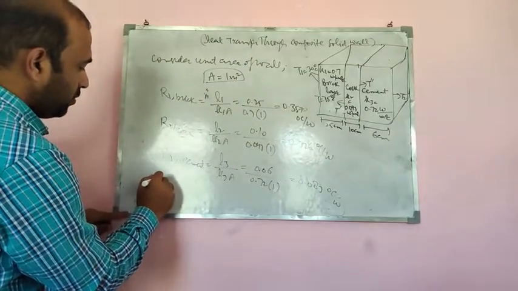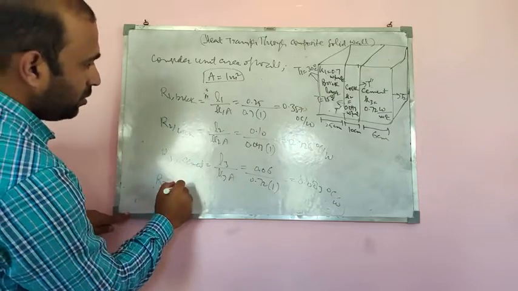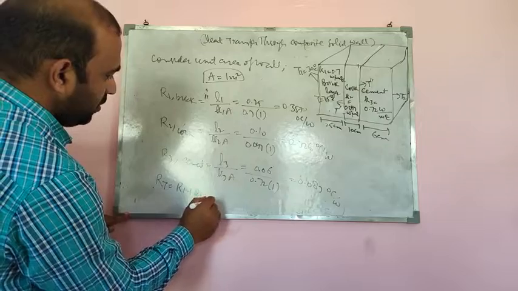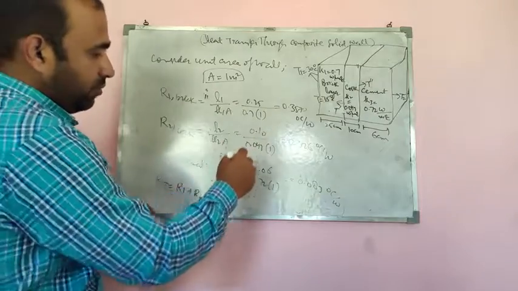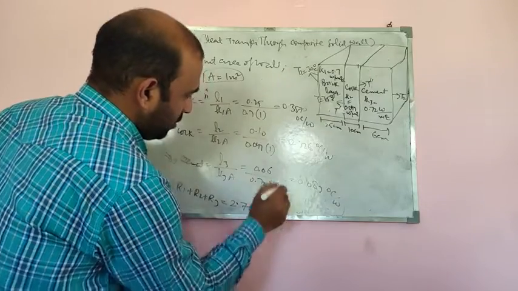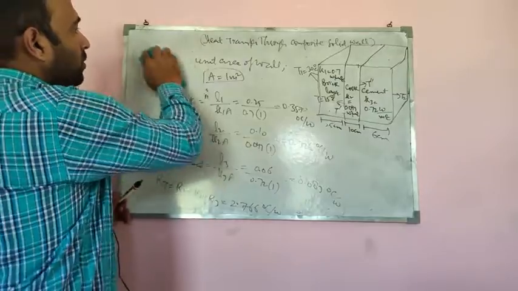Now we need to find the total thermal resistance of this composite wall. It will be the addition of these three, R1 plus R2 plus R3. When you add these up, you get 2.766 degrees Celsius per watt. This is the total thermal resistance of the wall.